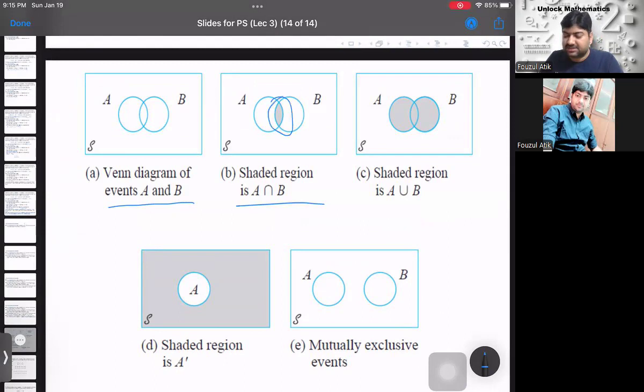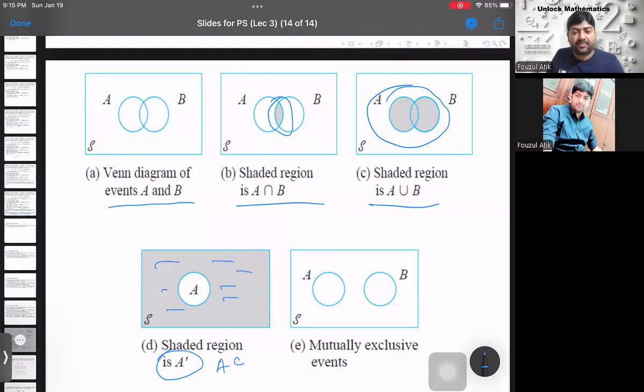Then A union B means either in A or in B, so the total region. Then A complement or A dash is the region outside the set, which contains all the outcomes that are not in A. And mutually exclusive means there is no common element between these two. There are no common outcomes. Correct?